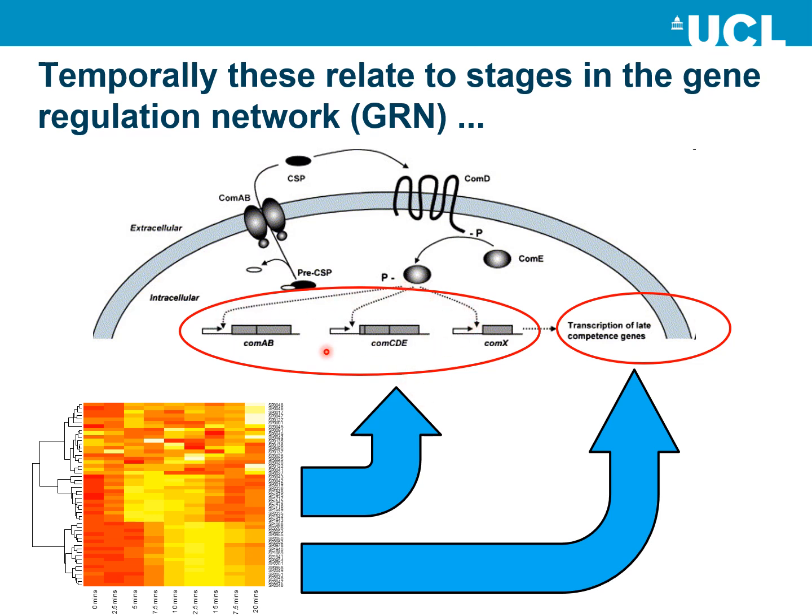And these turn out to be the early genes. The ones that are turned on early, at 2.5 minutes, are these ones. And it indicates that from adding the CSP, it takes about 2.5 minutes to turn on all these genes.